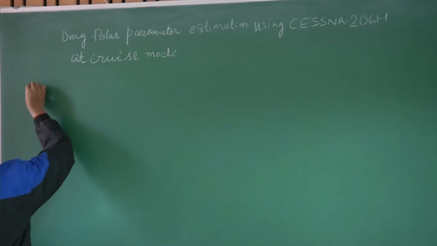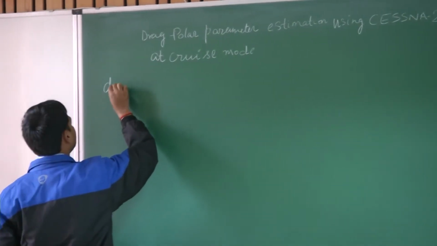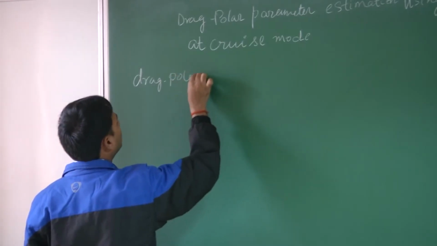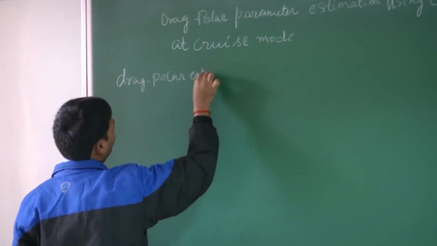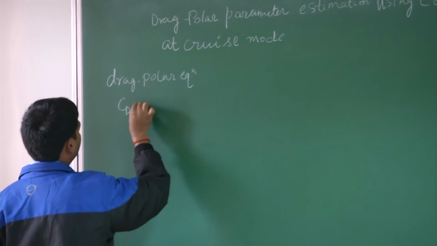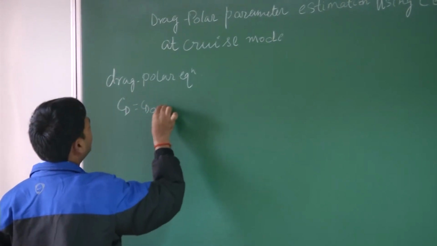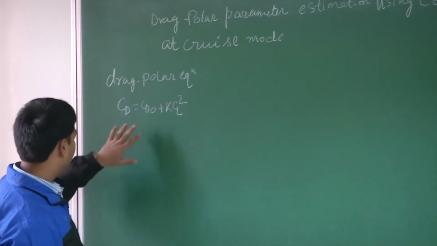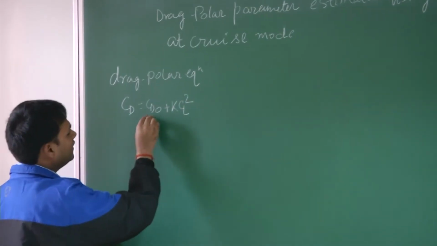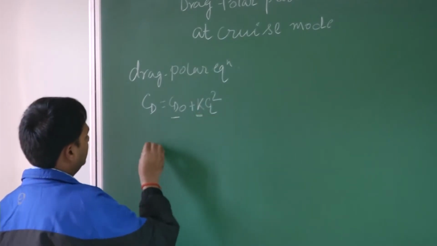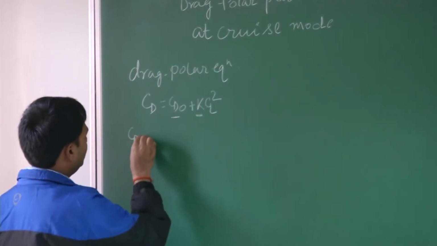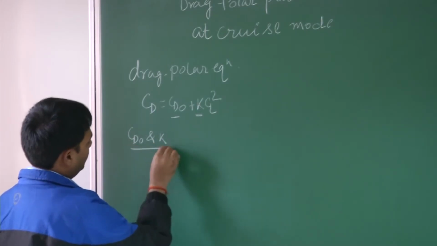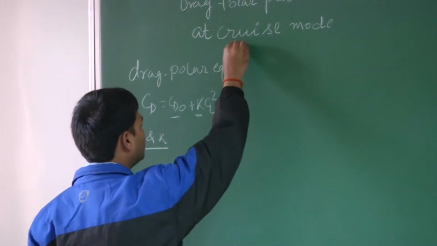So from the drag polar equation we know, if you see this equation, drag polar equation, which is CD equals CD naught plus K CL square. So here you see these two terms, CD naught and K. So to find CD naught and K will be the objective of this experiment.